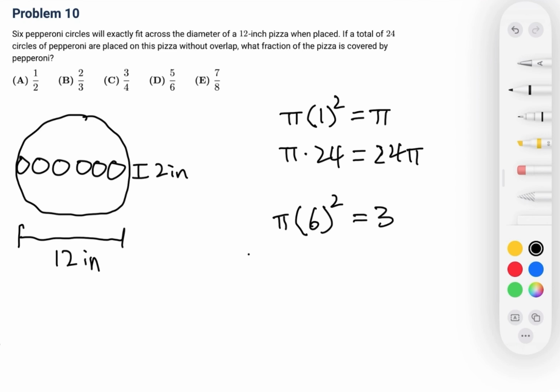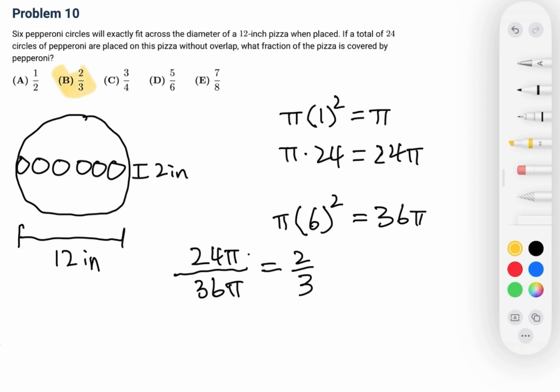This gives us 36 pi. Finally, we can write the fraction 24 pi over 36 pi, which is the area of the pepperonis over the area of the pizza, which gives us 2/3. Therefore, the answer is B, 2/3.